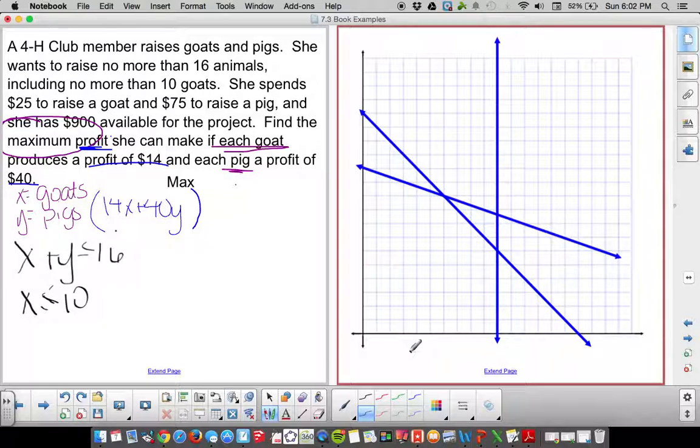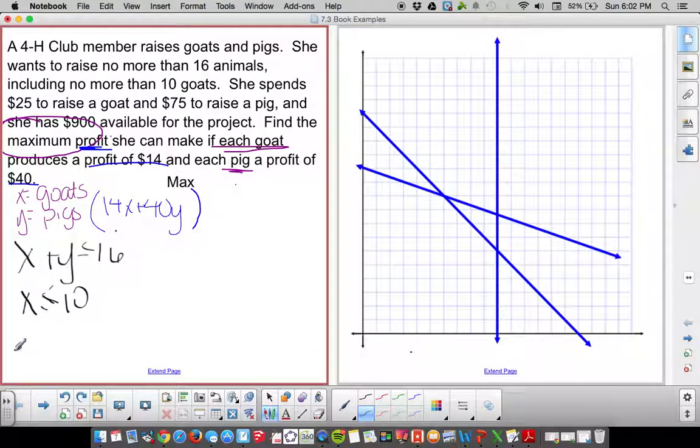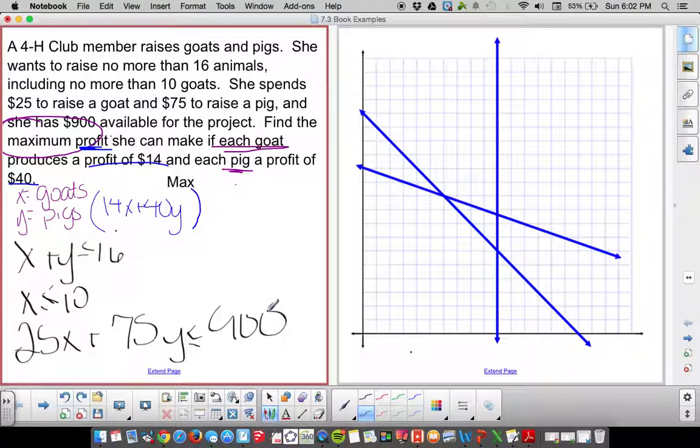So I have that cost equation that says 25 times however many goats she has plus $75 times however many pigs has to be less than or equal to 900.